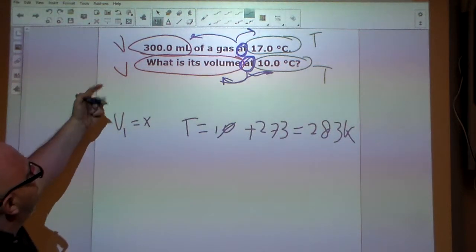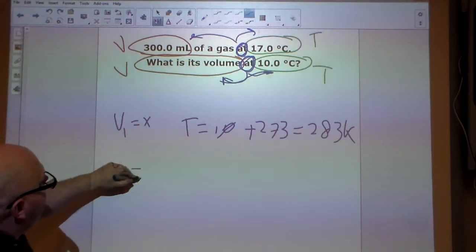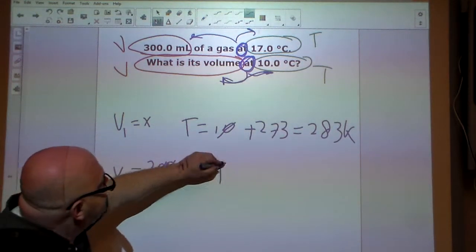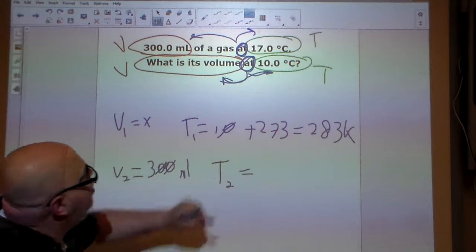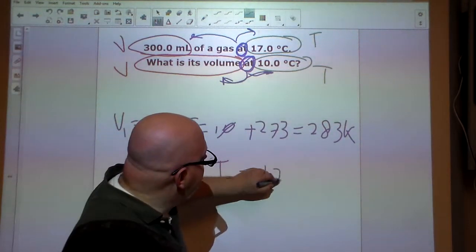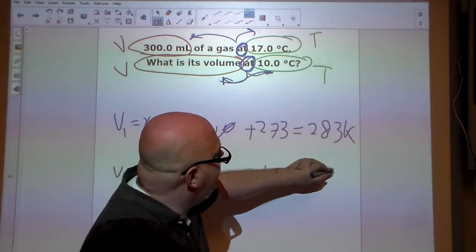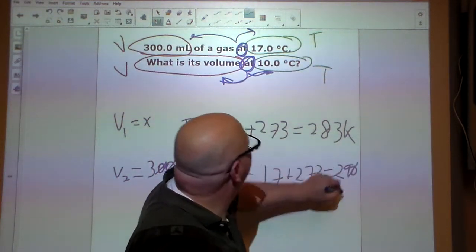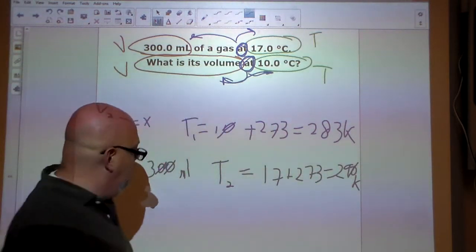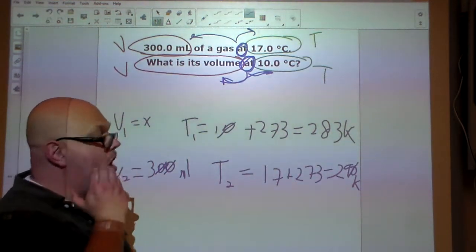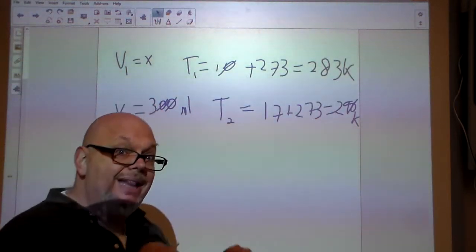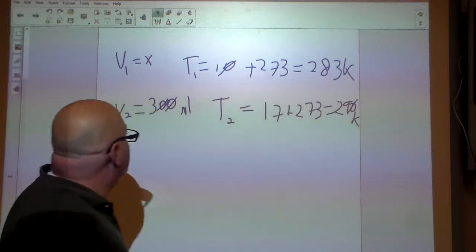V2 is 300 milliliters. And T2 is equal to 17 plus 273 equals 290. Okay. So far, so good. Now we have all our players. All we got to do is plug it in.